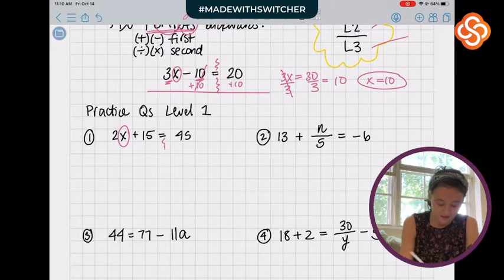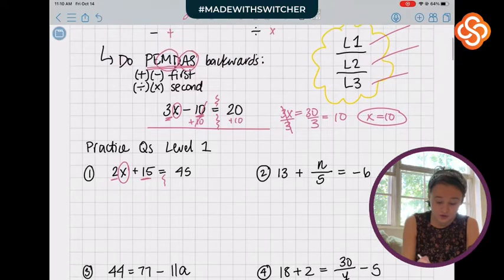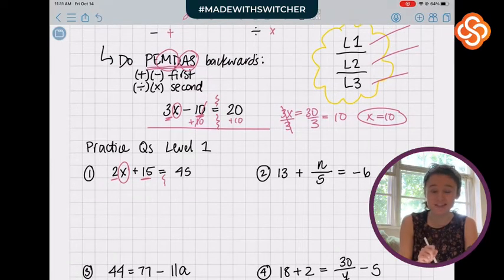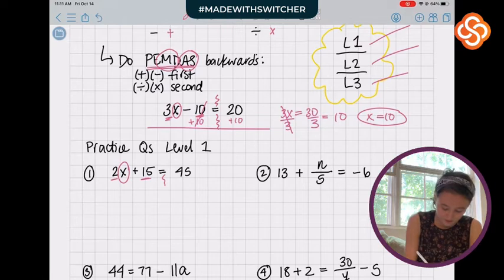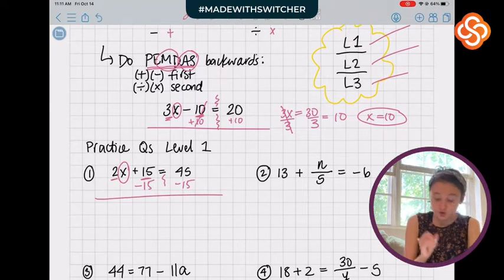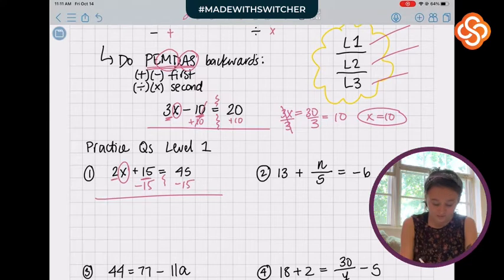That means that we're going to delete the 2 and the 15. Now, I told y'all to do addition and subtraction first. So what are you trying to delete? Are you trying to delete the 2 first or the 15? Got to delete the 15 first. So opposite of plus is minus. Now do it on both sides of the equation.